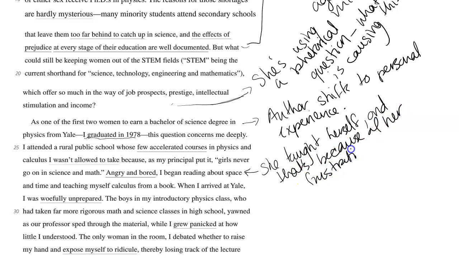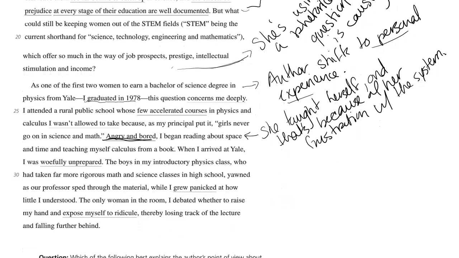And we see that frustration here when she says angry and bored. So she's giving us a window into her own personal experience and really showing us how she felt going through a school that did not believe in her potential.